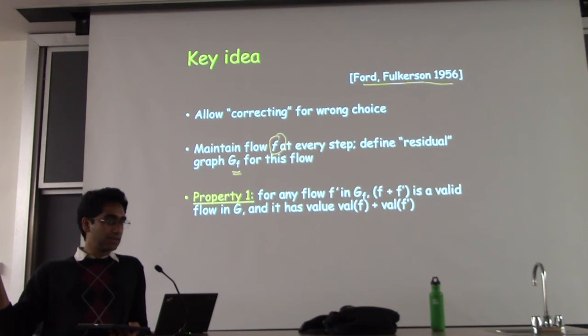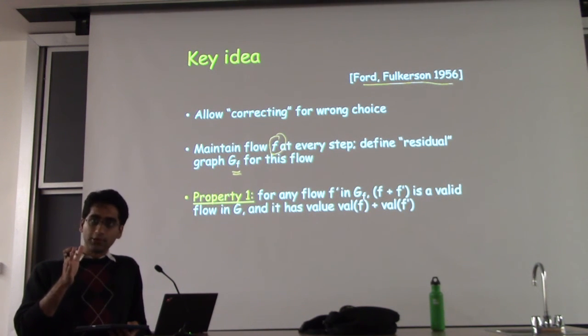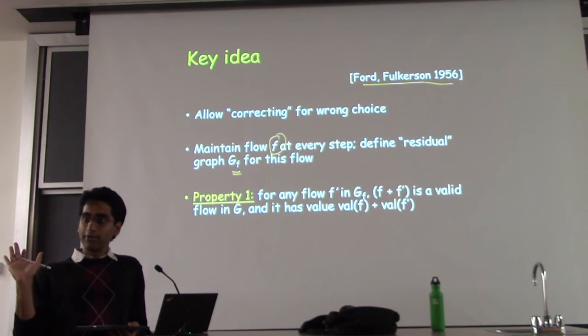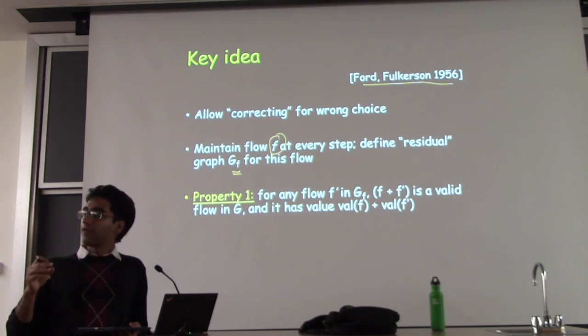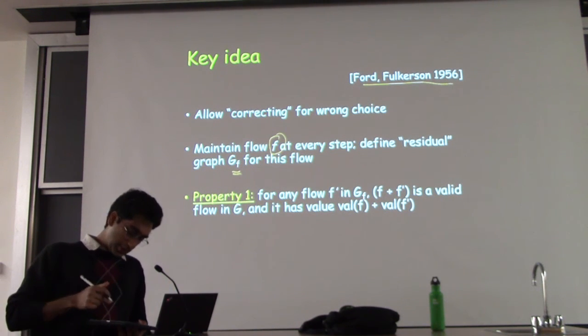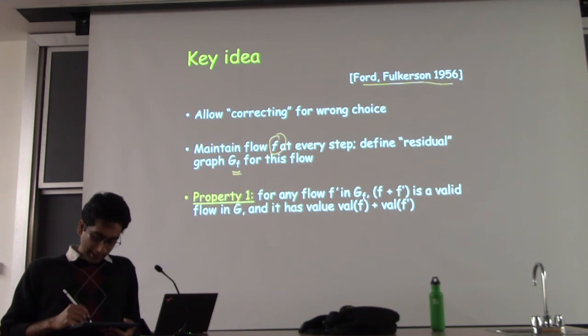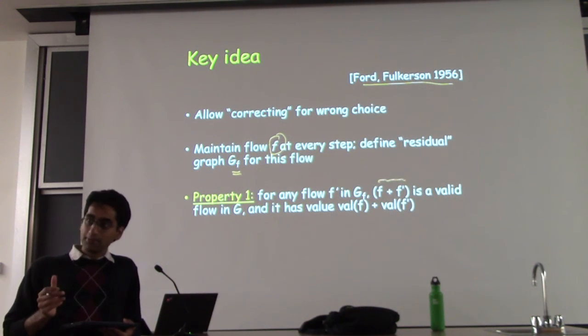It has some capacities. And the idea behind this algorithm was if you have some flow f, you build its residual graph G sub f, and you find some f prime in this residual graph, then it turns out you can find a new flow in the original graph, which I'll denote by f plus f prime.